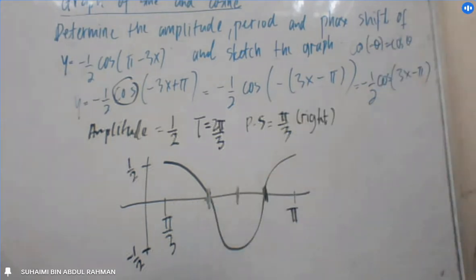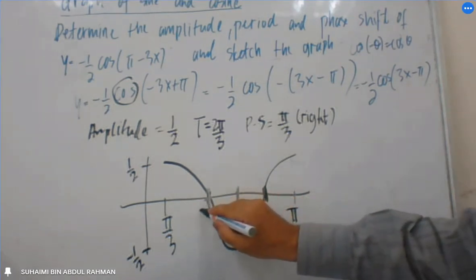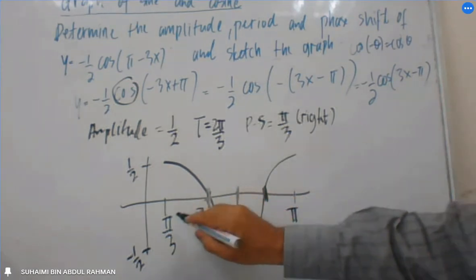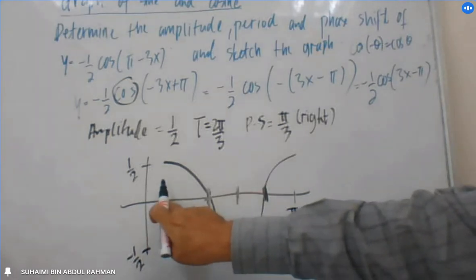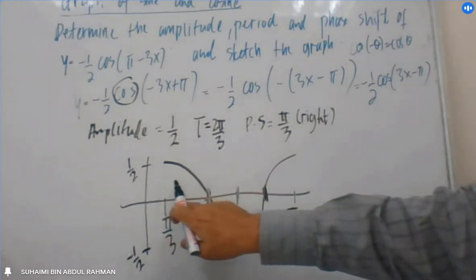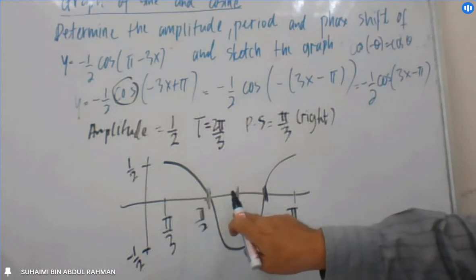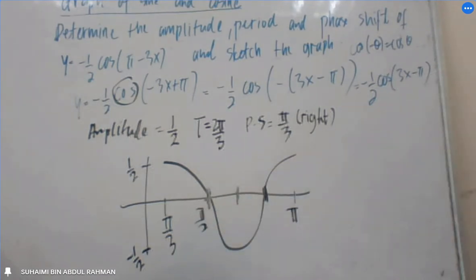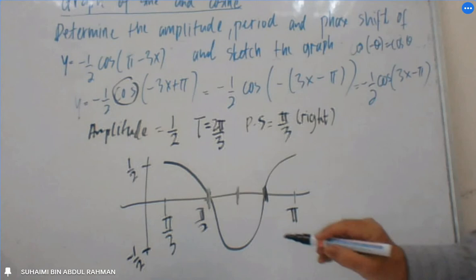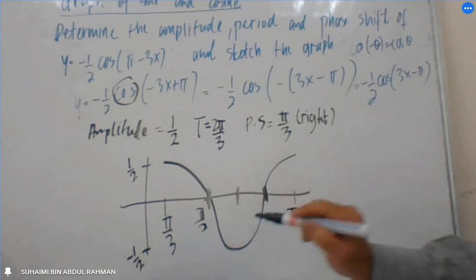What's supposed to be here? Pi over 2. Because pi over 3, you plus with pi over 6, you get this. The length here.